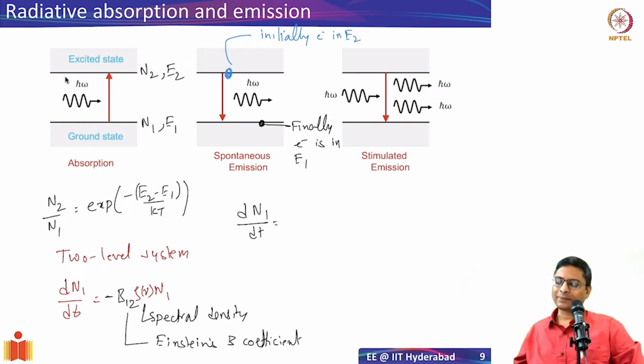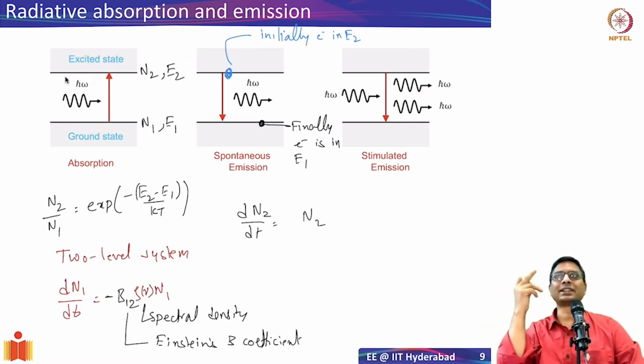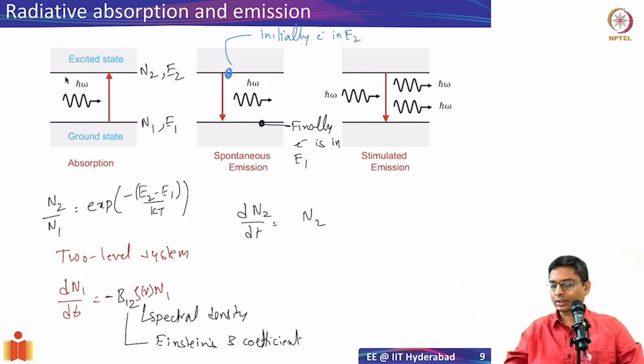To make my life simple, let me keep it as dN2 divided by dt. For this particular emission process, the rate of change of population is going to depend on N2. So if you have more and more electrons, more atoms in the excited state, then they'll have more probability of emission. And then there is a probability of emission, which is spontaneous emission. So Einstein gave it the name A21. Okay. So A21 is the probability of spontaneous emission.